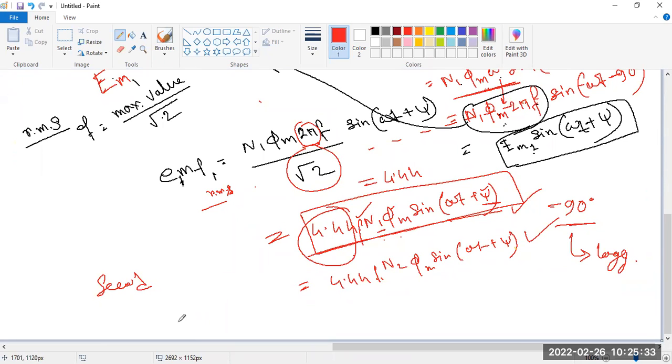So if you draw the phasor diagram, this is E1, and just like that E2. This is the 90-degree phase difference, so this is the 90-degree phasor difference.